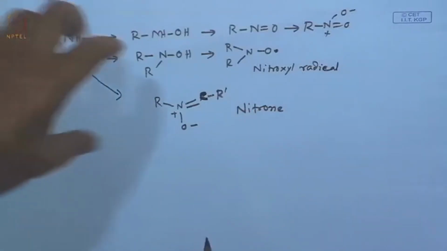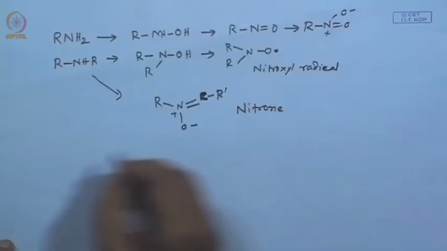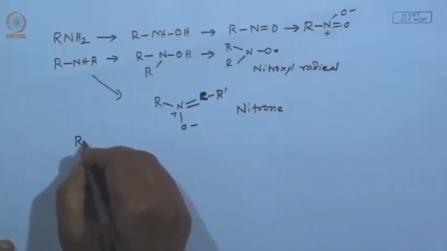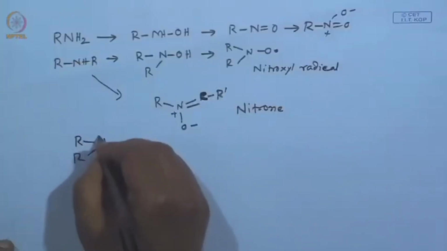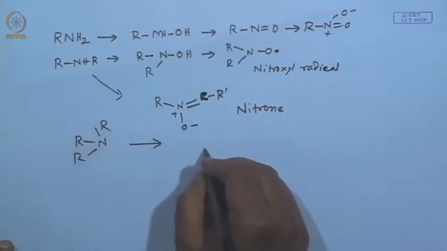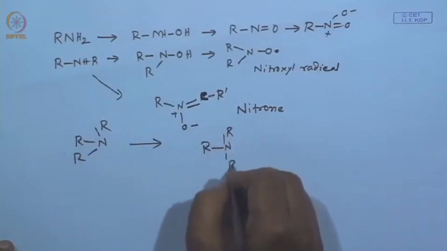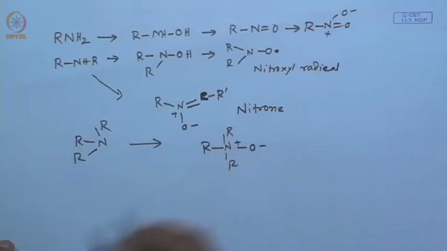So, that means you have so many varieties of these functional groups arising out of nitrogen. Okay. Also, if you have a tertiary amine and you do an oxidation, what do you expect? N-oxide. So, that means you have this multitude of functional groups which can be derived from these amines. This is only for nitrogen.